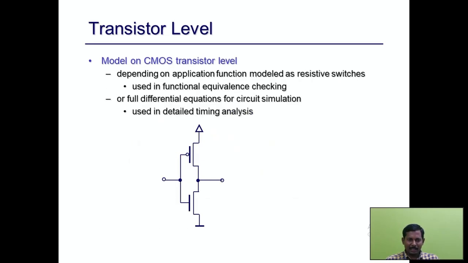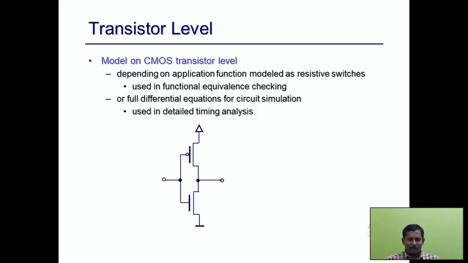Next, transistor level. In the transistor level, we exactly give the physical properties of the individual transistor: how much supply voltage we need to provide, and what the capacitance and resistance of the transistor are. So this is a very narrow level.